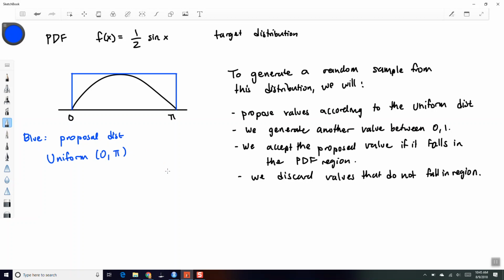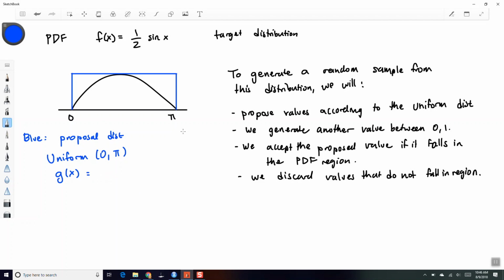What is the functional form of this? If we say our proposal distribution is g of x, what is the equation that defines g of x? The whole thing has to integrate to 1, right? And it's a constant because it's flat.